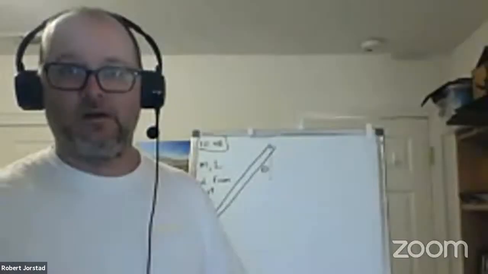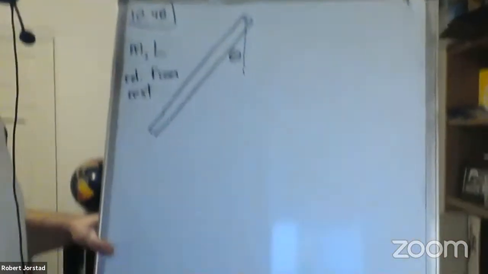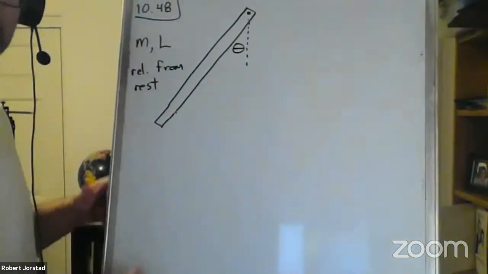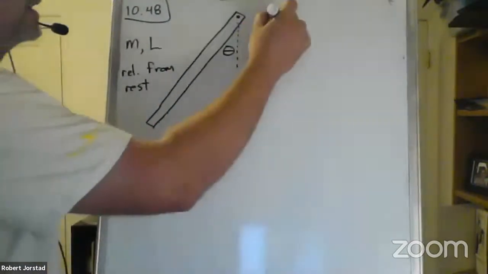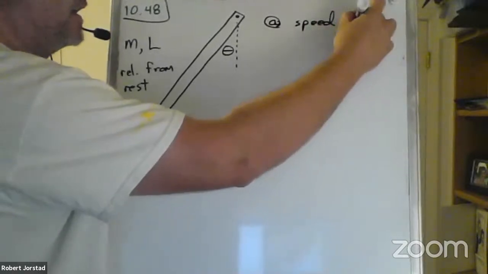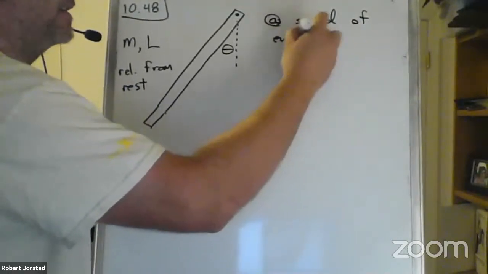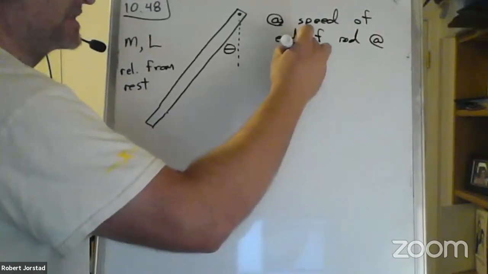Okay. All right. So here's the question. Part A says, speed of end of rod at lowest point in swing.